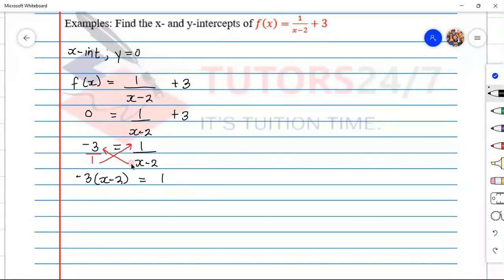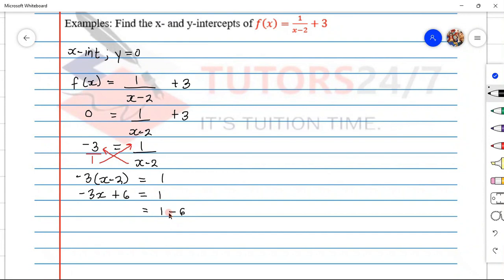An alternative approach would have been to swap the positions of negative 3 and x minus 2, which would have resulted in x minus 2 equals 1 over negative 3. What I'm going to do is multiply into the bracket. So I have negative 3x, and negative 3 times negative 2 gives me positive 6, equals 1. I'm going to take my positive 6 to the right, and that will give me 1 minus 6.